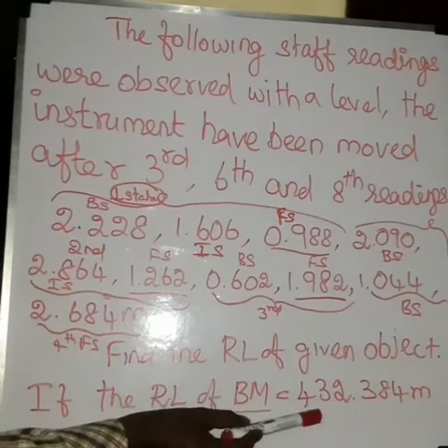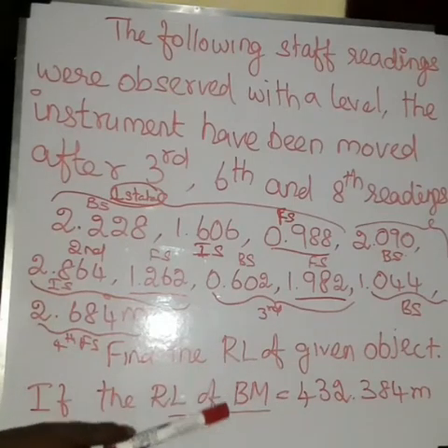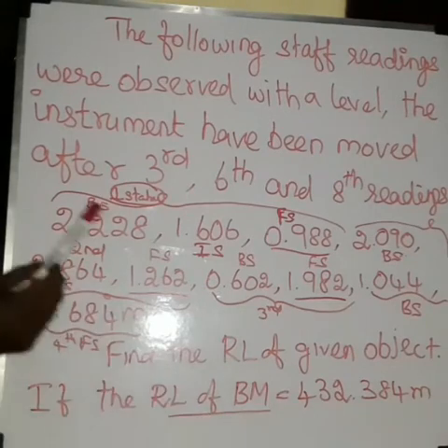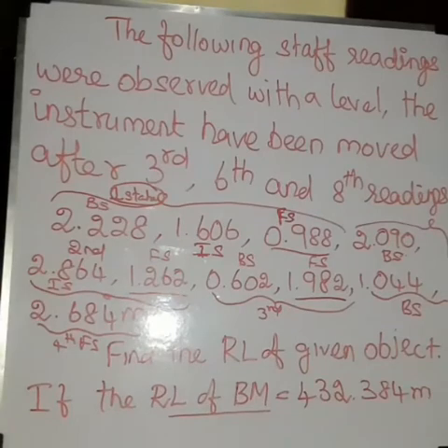This is the reference value. By using this benchmark value, 432.384, we can find the RL of the given object. This is the problem here. We can solve this problem by using the rise and fall method. How can we solve it? We can see the step-by-step procedure.